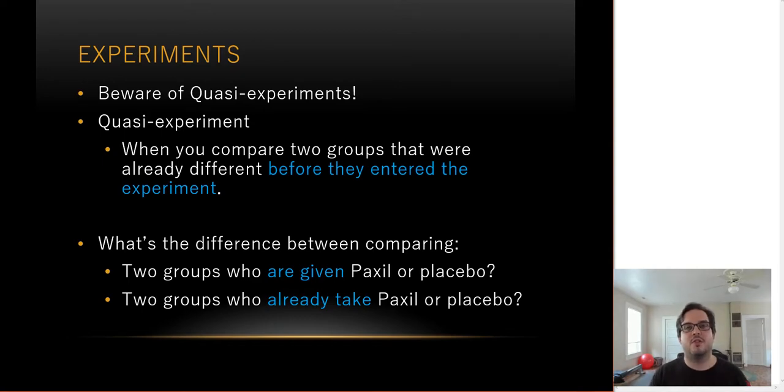If you recruit two groups of people and one group is already taking Paxil, the other group has already taken nothing, it could be that the differences between those groups are due to the drug, but it could also be due to something else like personality. It could be that there's a certain type of person that prefers to take drugs to solve psychological issues versus someone who's not taking Paxil but is suffering from depression.